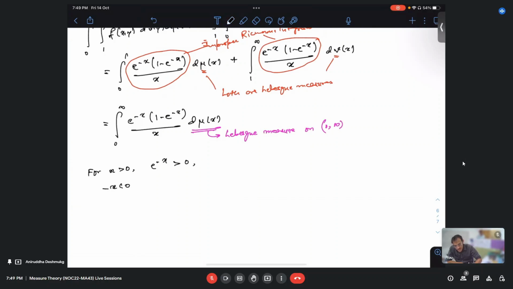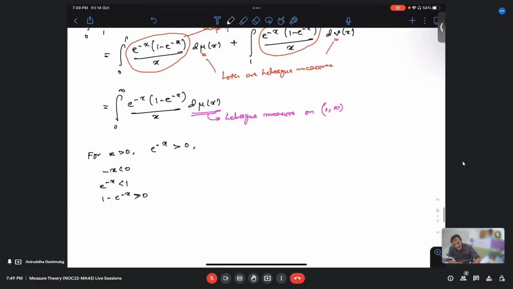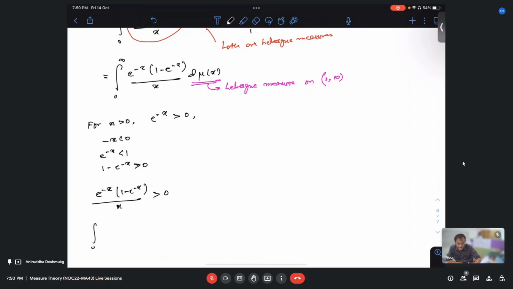Minus x would be negative, e to the power minus x would be less than 1, and therefore 1 minus e to the power minus x is bigger than 0. So their product is bigger than 0, and hence the integral is bigger than 0. The integral of e to the power minus x, 1 minus e to the power minus x upon x, d mu x, is positive.